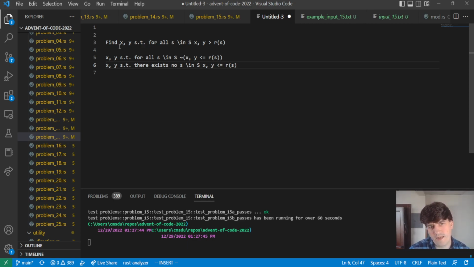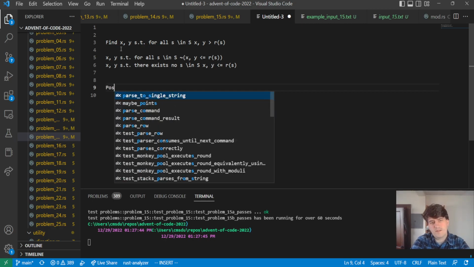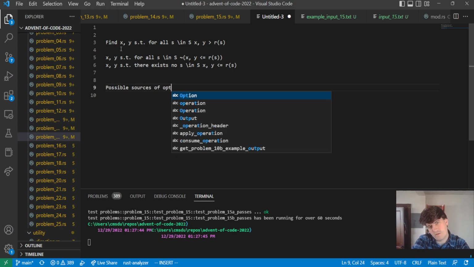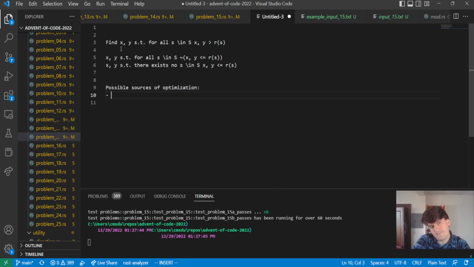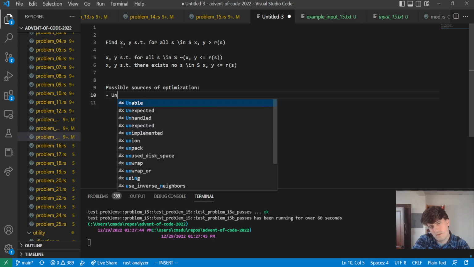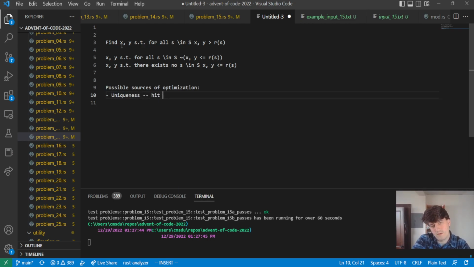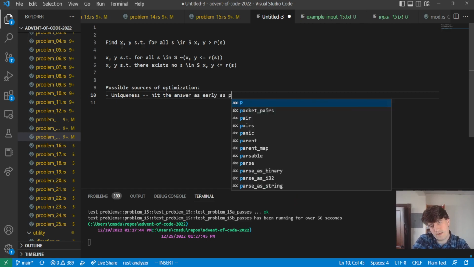Just trying to intuition pump my brain for other approaches. And it's unique. We know that the solution's unique, so we only have to find it once. So possible sources of optimization. Uniqueness. Hit the answer as early as possible.